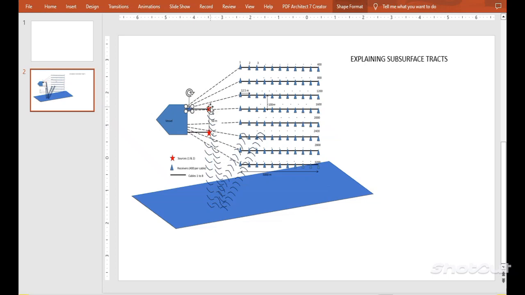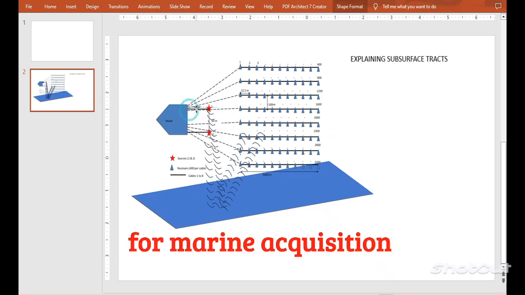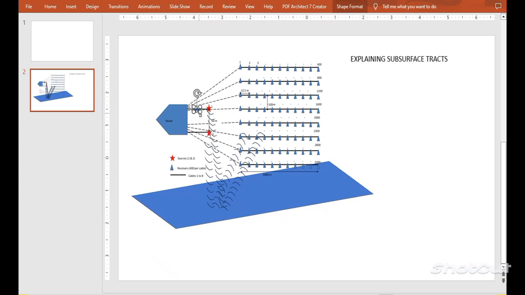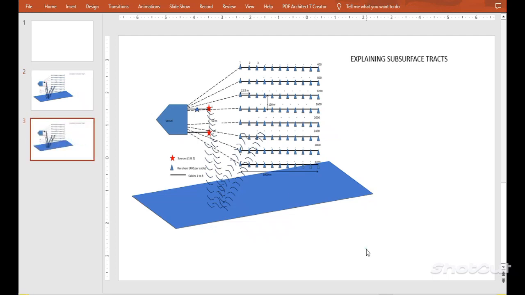If you shoot this first, the next shot should be at this position, because the vessel would have moved a certain distance. Usually it's half of the spacing distance, so let's say 25 meters here. After you shoot this first gun, the position of this gun will be here when this one is shot. So now let's try and replicate this and explain how it's going to be in reality.